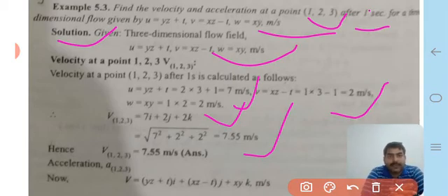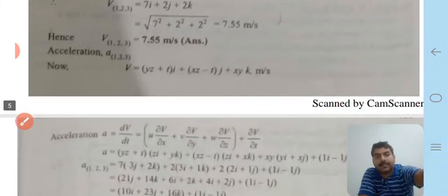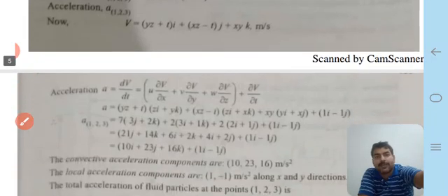That is the velocity for the given equation: 7.55 meter per second. Now the next thing the question is asking is the acceleration.